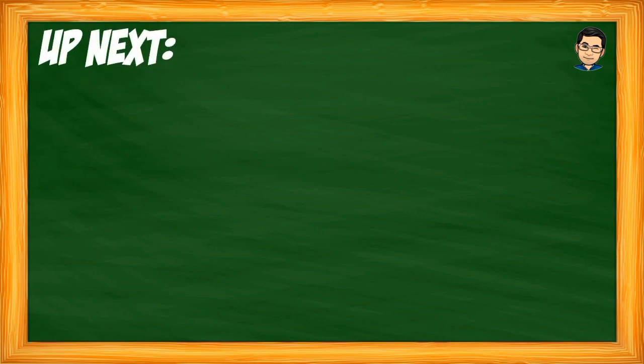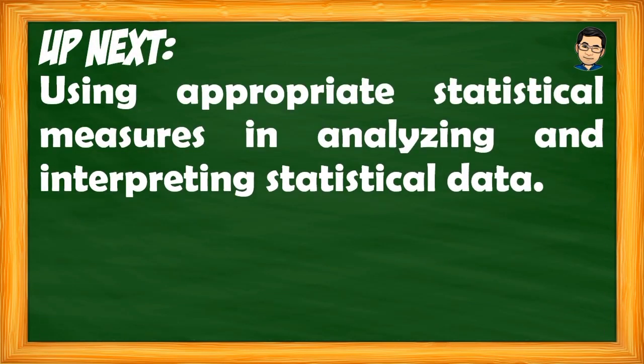So for our next video lesson, we will now be discussing on how to use appropriate statistical measures in analyzing and interpreting statistical data. So, dyan magagamit na natin yung measures of central tendency and variability. So, may mga situations akong i-discuss dyan, ipe-present, and then, titignan natin kung ano yung akmang statistical measures na dapat gamitin.